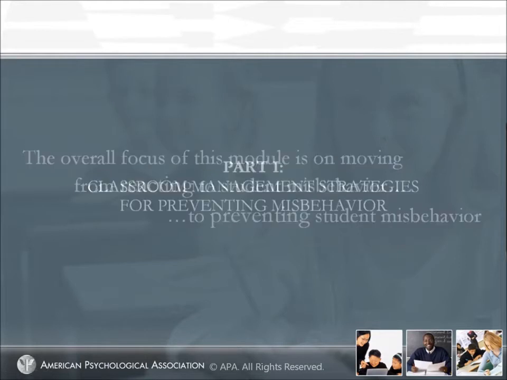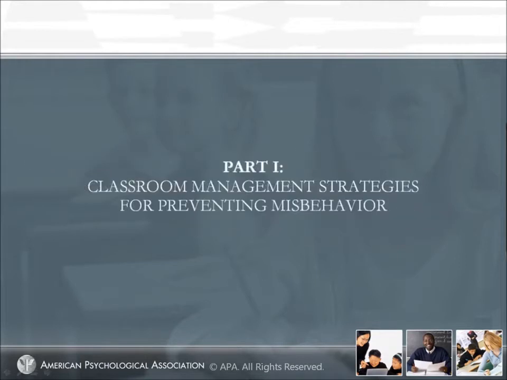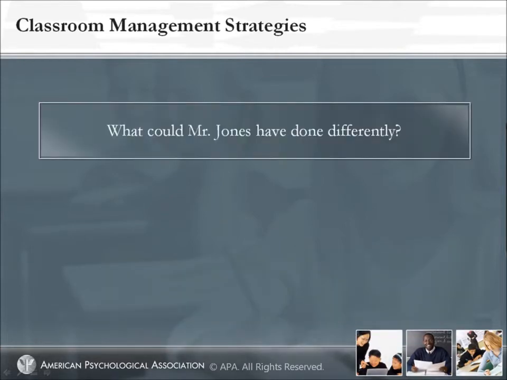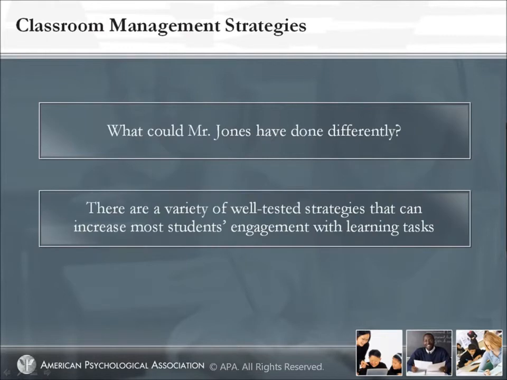Part 1. Classroom Management Strategies for Preventing Misbehavior. What could Mr. Jones have done differently to improve his classroom situation? There are a variety of well-tested strategies that can increase most students' engagement with learning tasks while reducing the likelihood of problem behaviors.